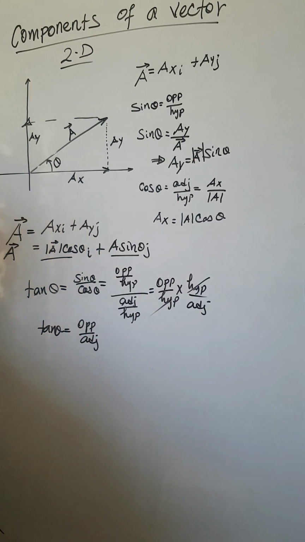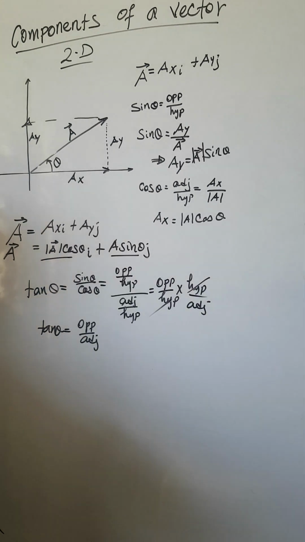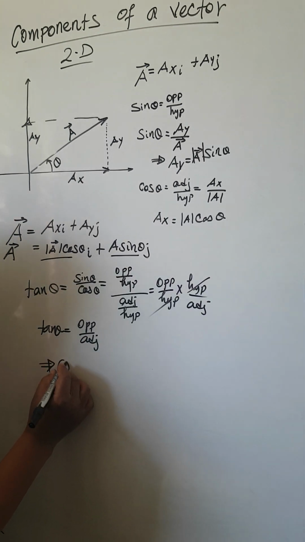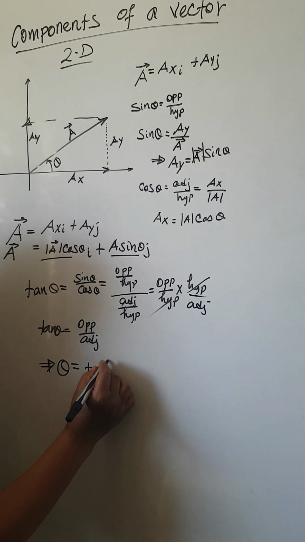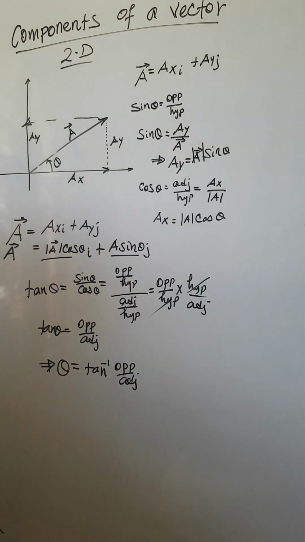Then theta is tan inverse of opposite over adjacent.